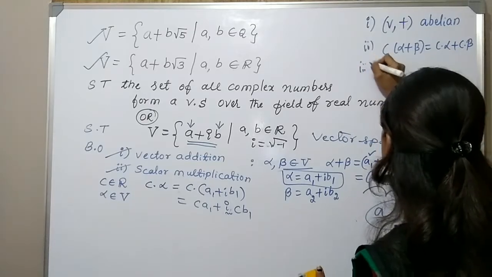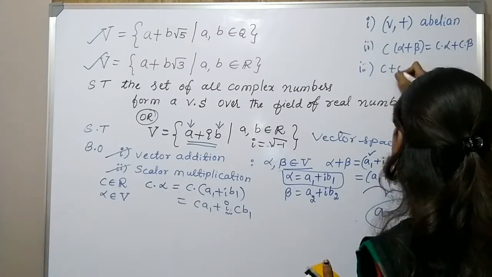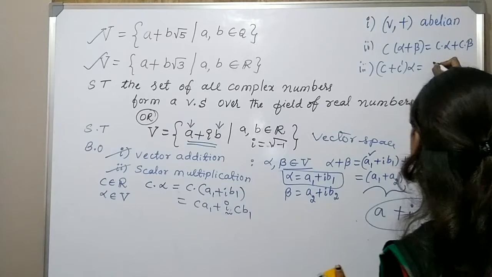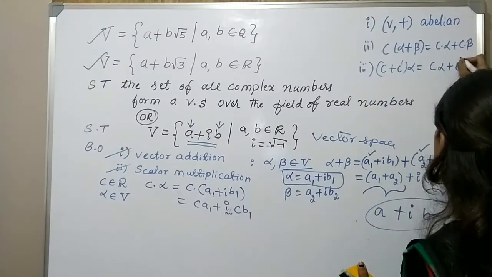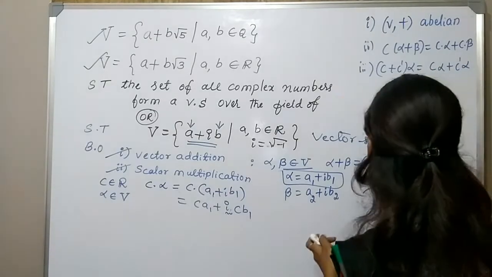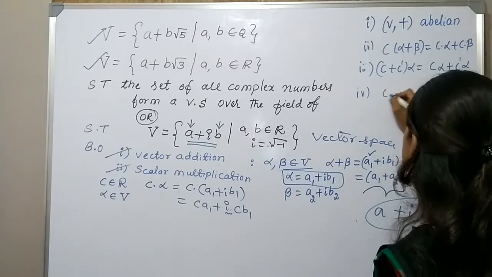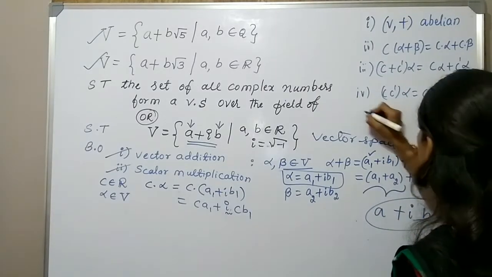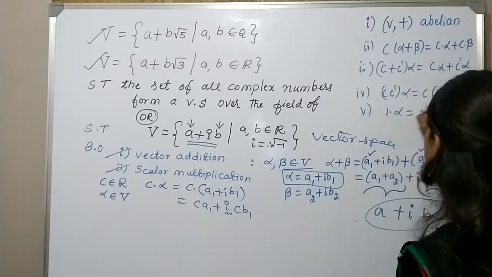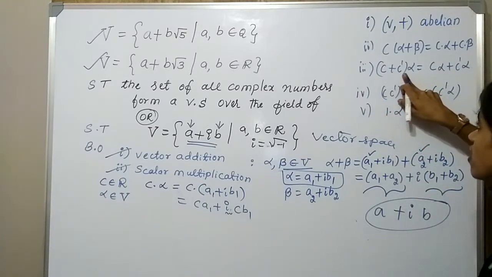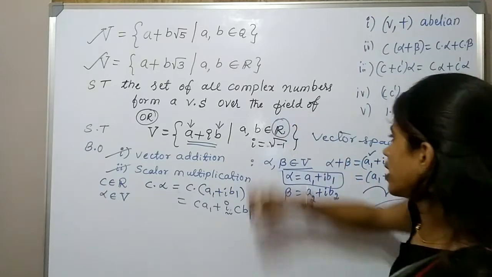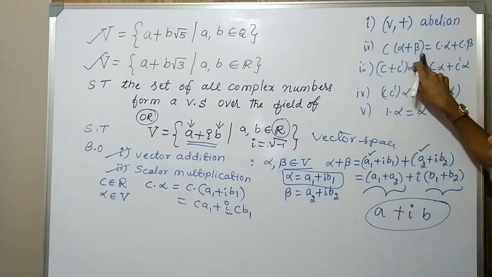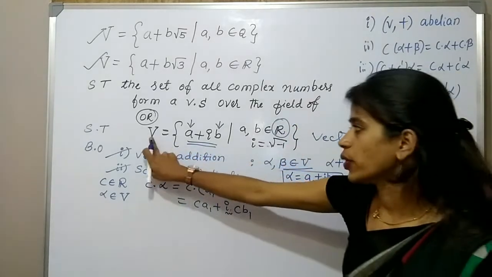Third condition is c plus c dash into alpha is equal to c alpha plus c dash alpha. Fourth one is c dash alpha is equal to c into c dash alpha. Last, fifth one is 1 dot alpha is equal to alpha, where c and c dash belong to real numbers and alpha, beta belong to the set V.